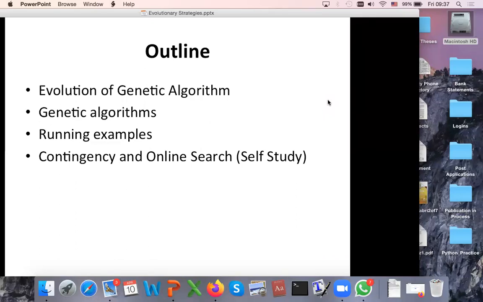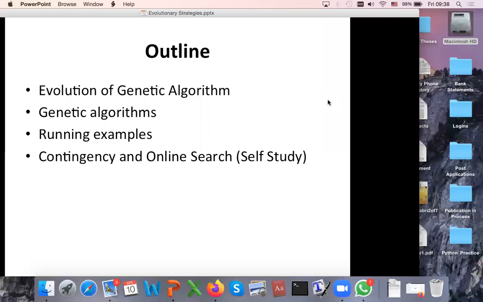This is basically the outline of the lecture that you are seeing. It contains the evolution of genetic algorithm, and then we will see genetic algorithms, not only their evolution.